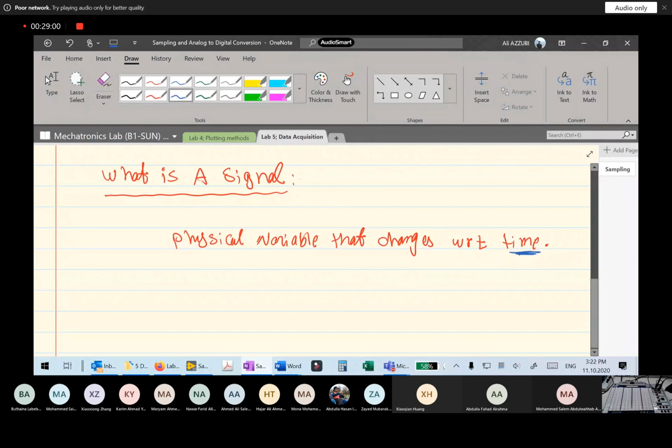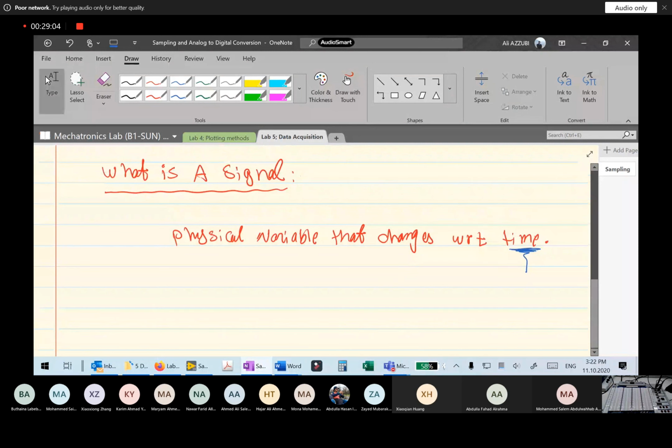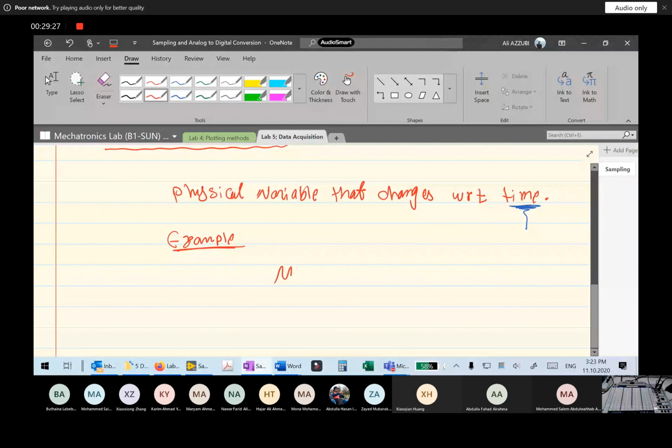This is very important when you're dealing with data acquisition: to consider the timing of your acquisition with respect to your signal. So what does this mean? Let's take examples on this. Is the mass a signal?